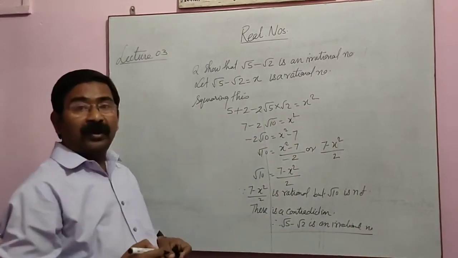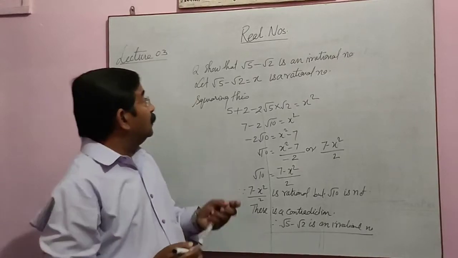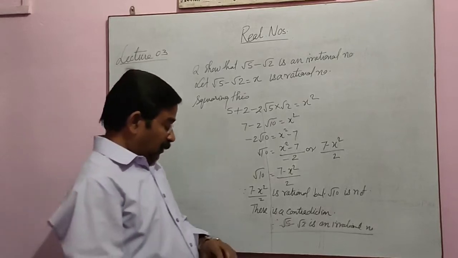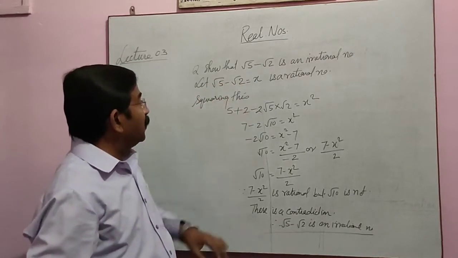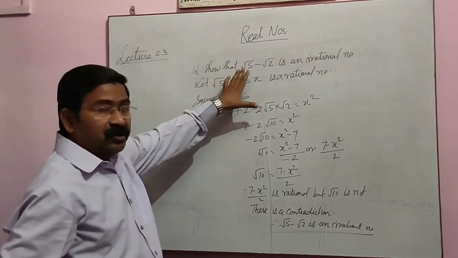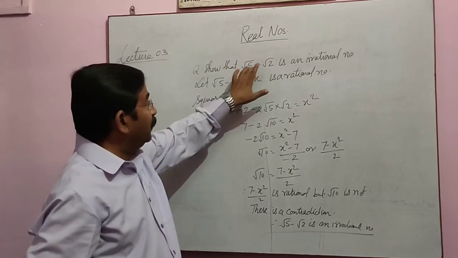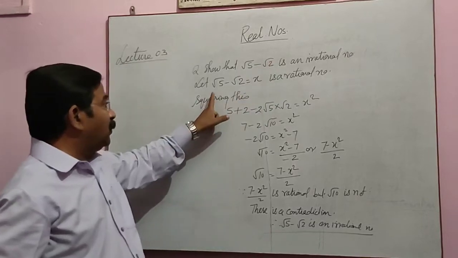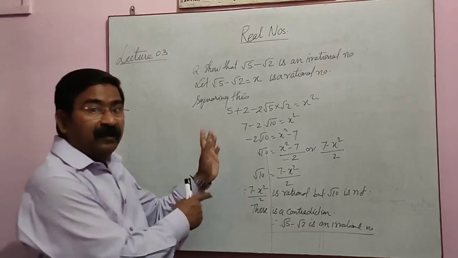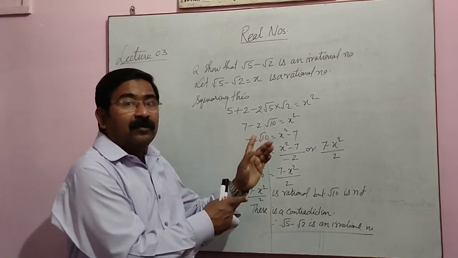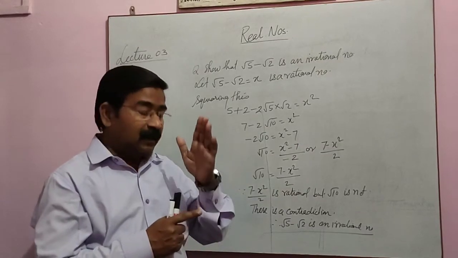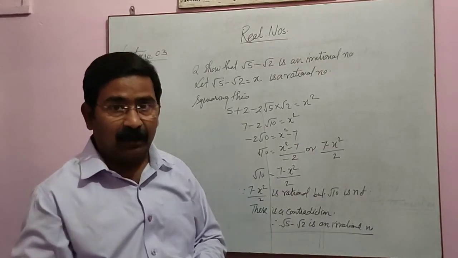This is how you can show the difference of two irrational numbers is irrational, the sum of two irrational numbers is irrational. So for this question, especially when we have two irrational numbers, you will adopt only this method. The first method adopted in the previous question was for the sum or difference of a rational number and an irrational number.